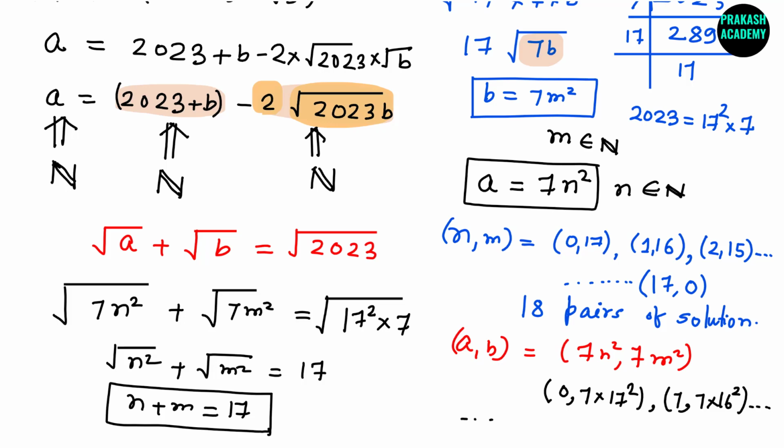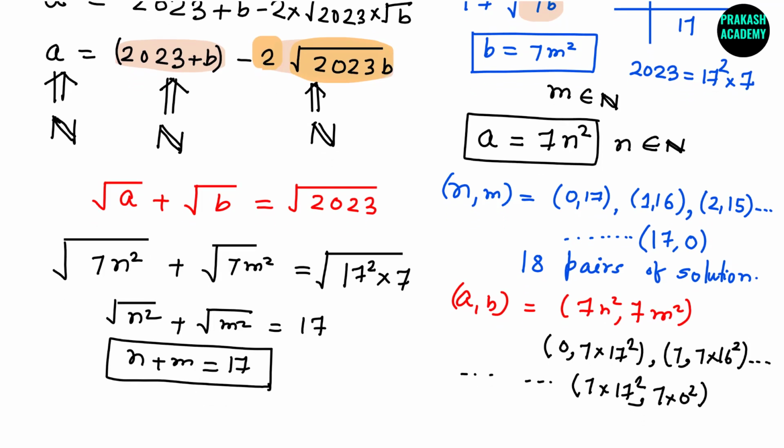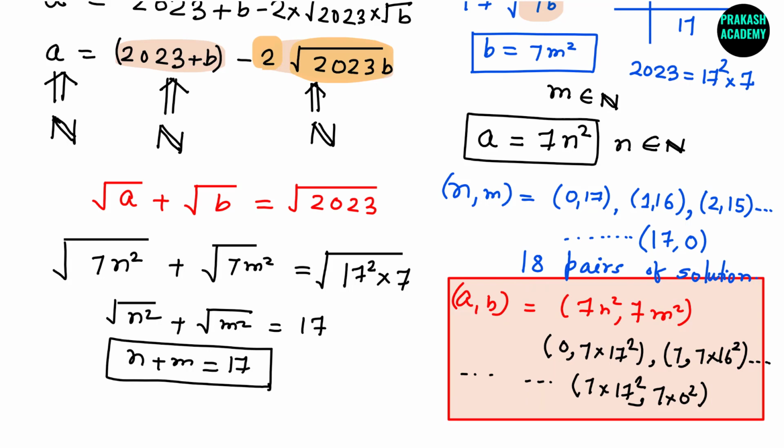So finally the last solution will be 7 times 17 square, and then 7 times 0 square. So these are the 18 pairs of solutions that are possible for this problem.